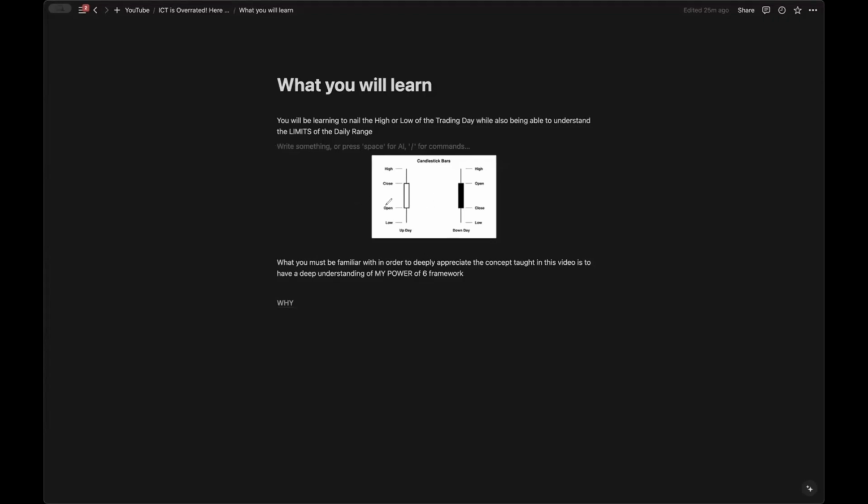And as you know, as per the chart over here, a bullish candle is going to be open, low, high, close, while a bearish candle is going to be open, high, low, close, right? So if you get the bullish prediction, you're going to be able to use whatever's over here to understand the limits of the daily range on the buy side.